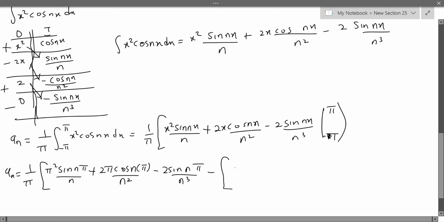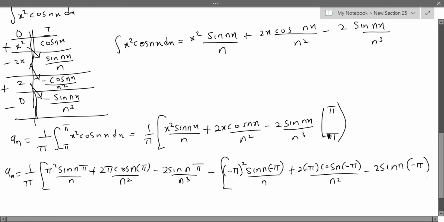You open a bracket, you do the same thing. Minus, you put on that bracket, you do the same thing, but this time around you put minus pi in place of all the x that you see. So for the first one, we get minus pi squared, then sin n pi over n, then we get plus 2 minus pi cos n minus pi over n squared minus 2 sin n, then minus pi over n cubed.